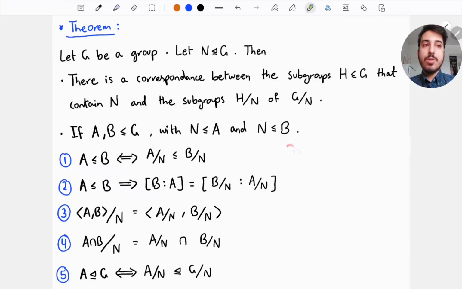So you can see sort of here, everything is about reducing by N. So let's get started with the proof.